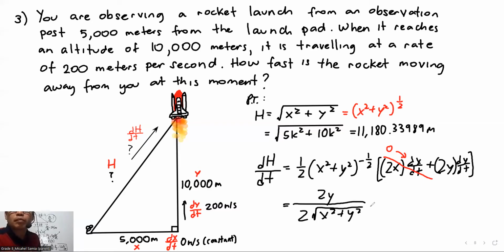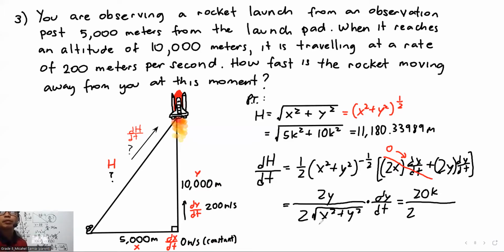And then we can substitute. Josh, you forgot the rate of change of y, dy/dt. 2y multiplied by dy/dt. It was 20,000 over 2.